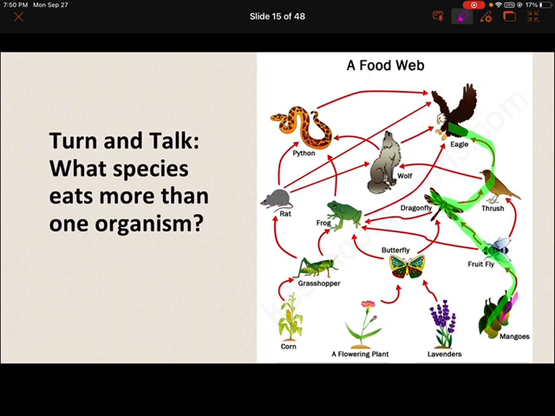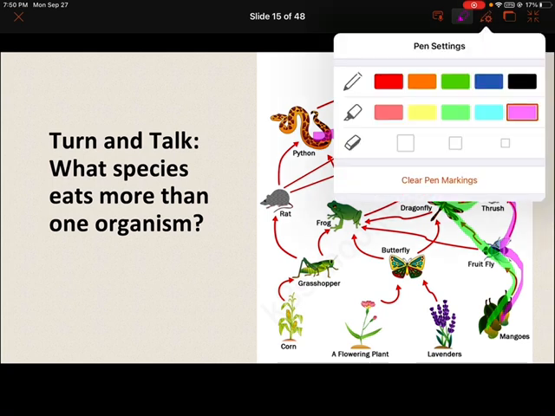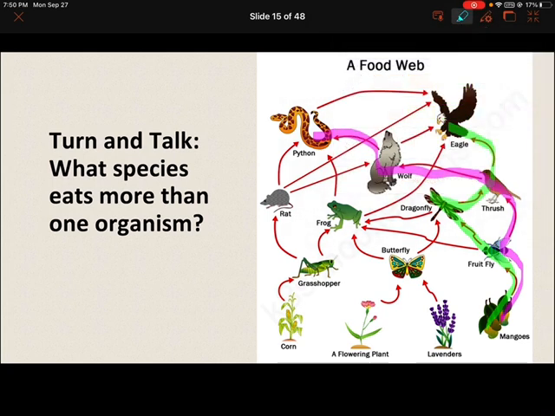It goes mango, fruit fly, straight to the thrush, and then to the wolf, and then to the python, right? That is another food chain. If you want to talk about a completely different one that also originates from mangoes, you can go mangoes, fruit fly, straight to the frog, and then to the python, okay? Or you can break off and go from frog to the eagle, okay?